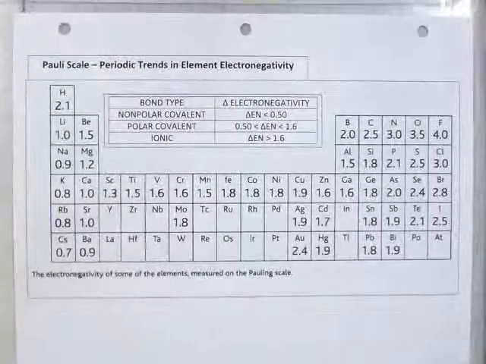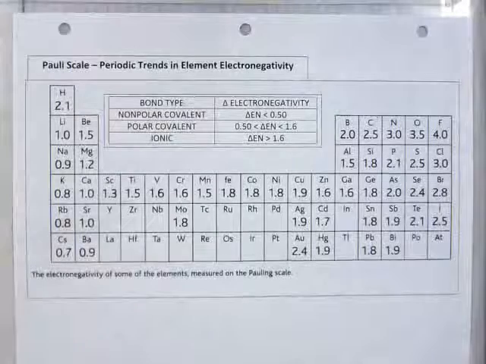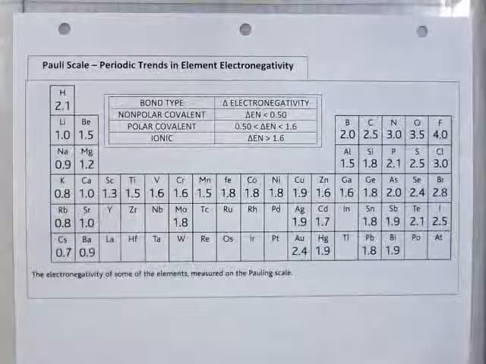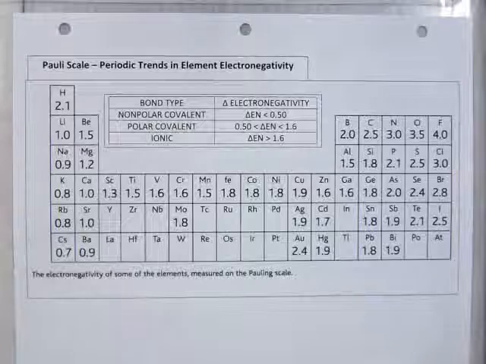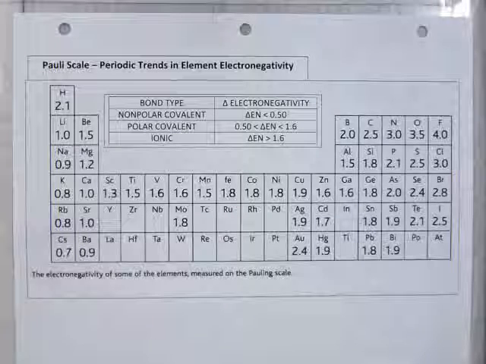Okay, you should have in your handouts this periodic table looking thing. It's called the Pauling scale, periodic trends in elements' electronegativity.